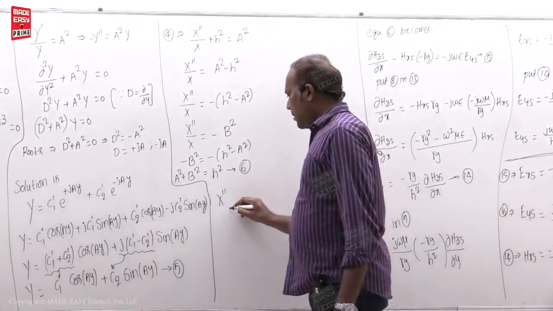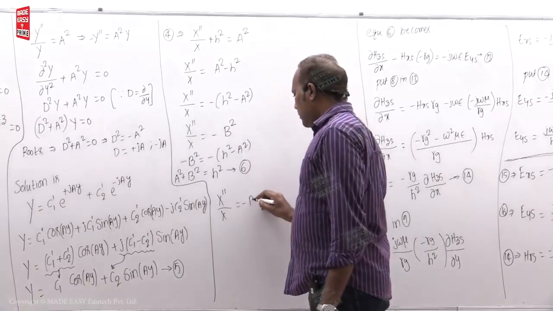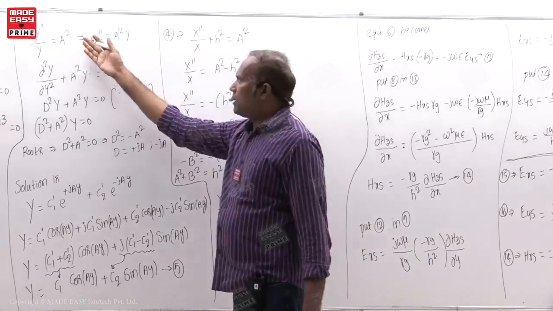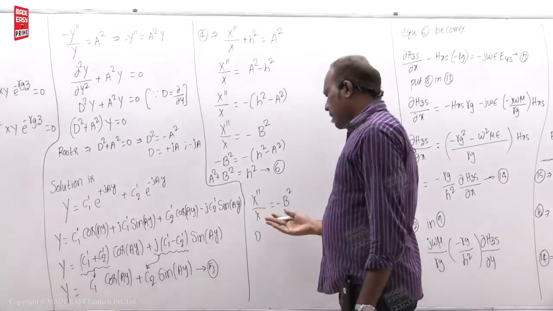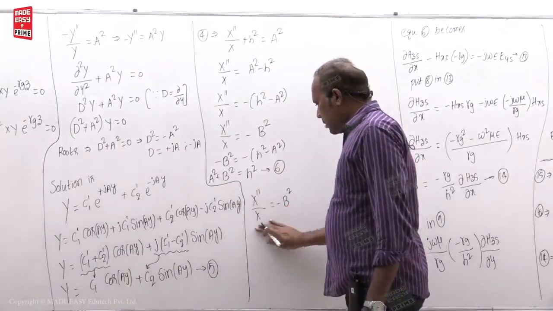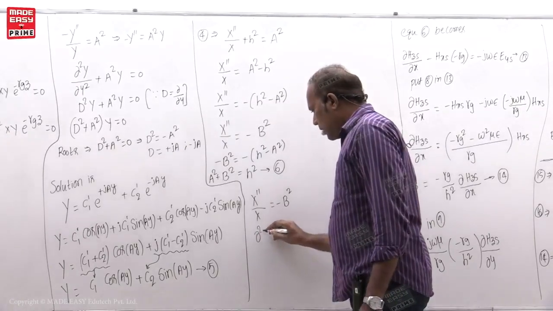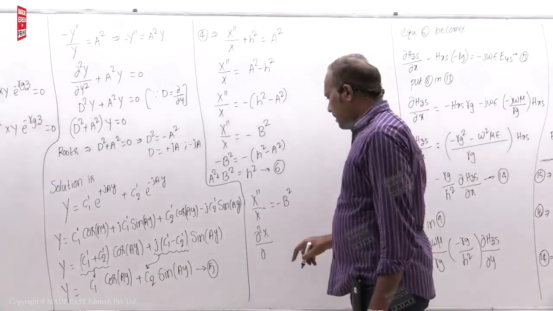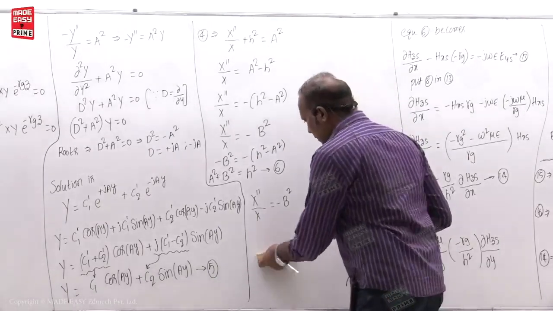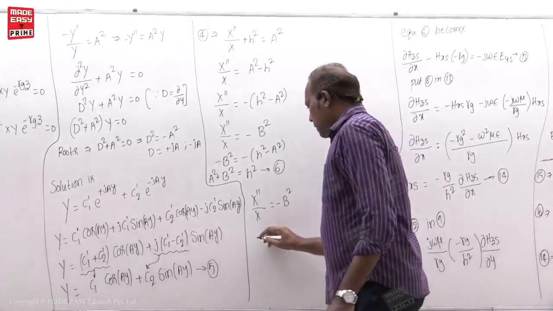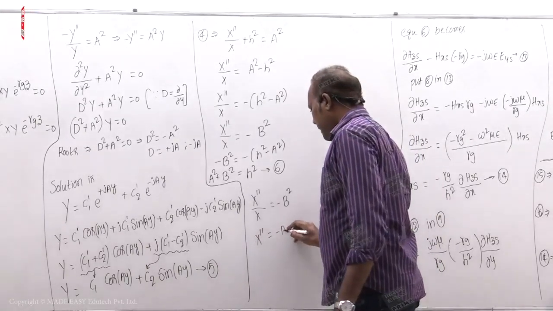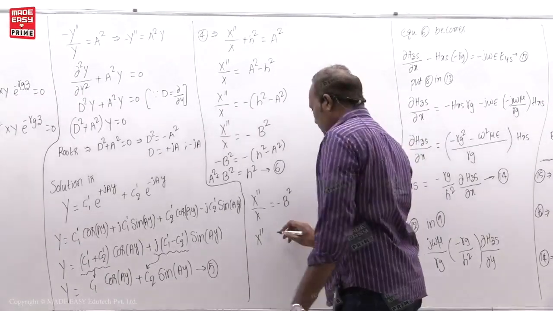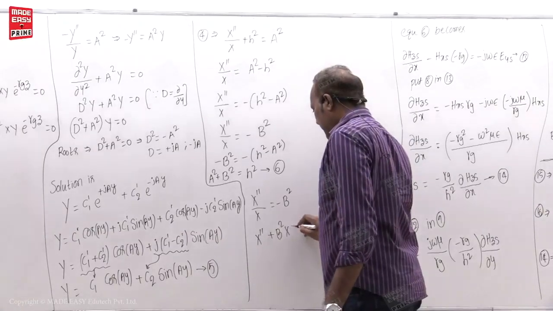So X double dash divided by capital X is equal to minus b square. It is written similar to this, students. Again the same story, the solution we can directly write. Anyway, I will write one or two steps. X double dash is equal to minus b square capital X, so X double dash plus b square capital X is equal to 0.